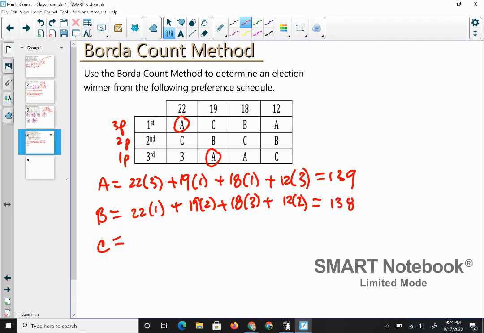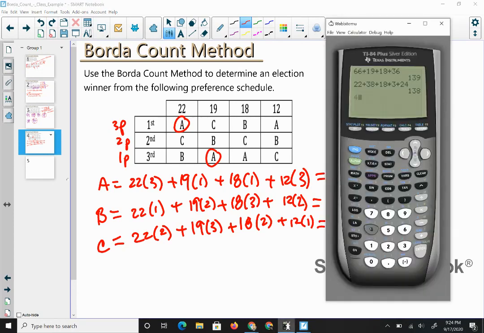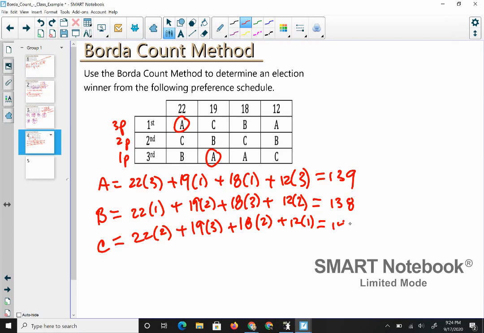And candidate C has 22 votes at 2 points, 19 votes at 3 points, 18 votes at 2 points, and 12 votes at 1 point. And 149. So we see that C is the Borda count winner.